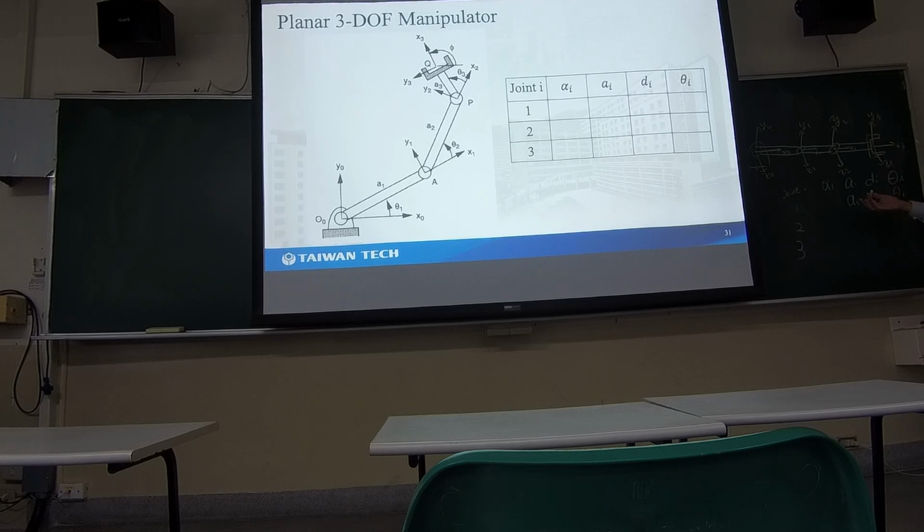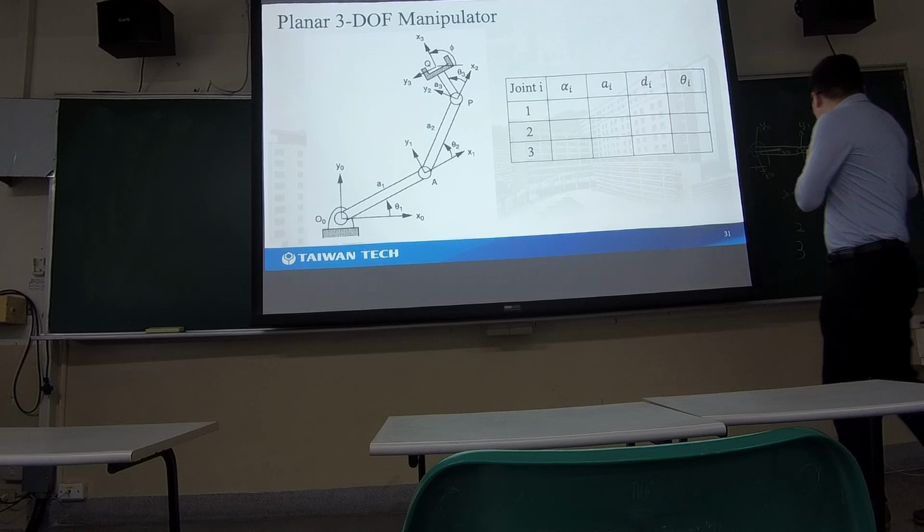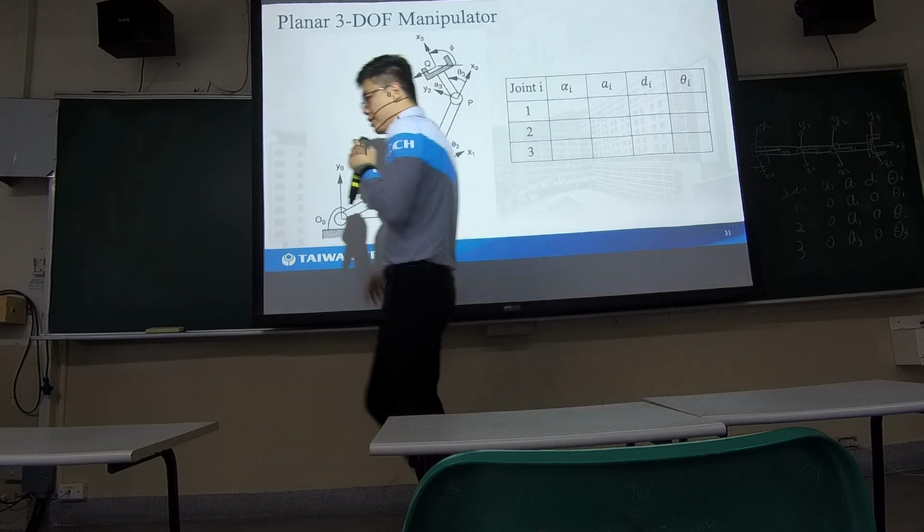And we can check whether there is an offset rotation about Z0 and Z1 along X1. I think there is no rotation, so it's 0. After you get this, I think it's all the same. So you get the DH parameters for this robot.